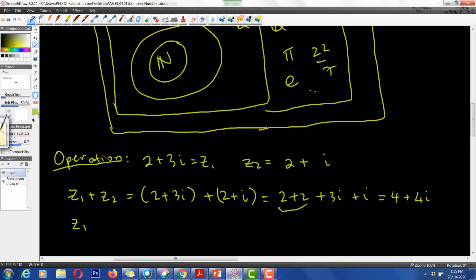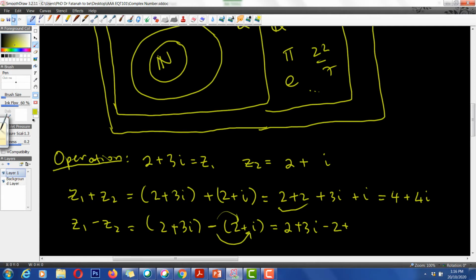And then we have subtraction. If we do z1 minus z2, what happens? We have 2 plus 3i, minus 2 plus i. First we eliminate the bracket: 2 plus 3i minus 2 plus minus i.